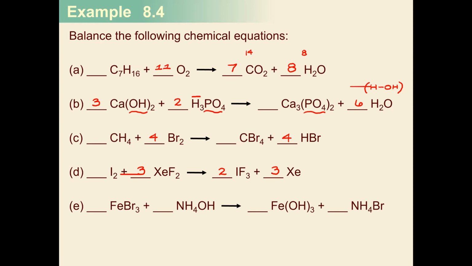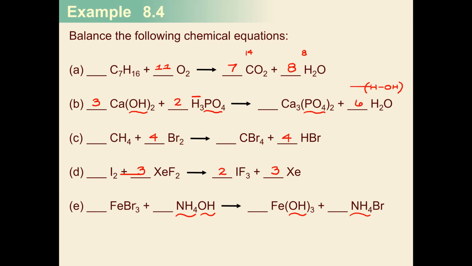So finally, let's go to example E and you will see that I have what looks like a fairly complex reaction, but it's really nice because I have some polyatomics. You will see them here in ammonia hydroxide. So here is my hydroxide and here is my ammonia. So what I need to do is go and start to look on how to balance this.